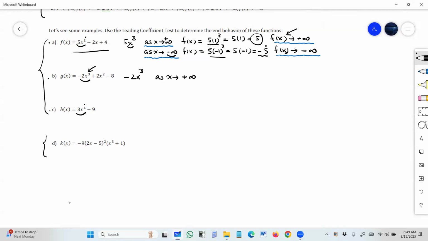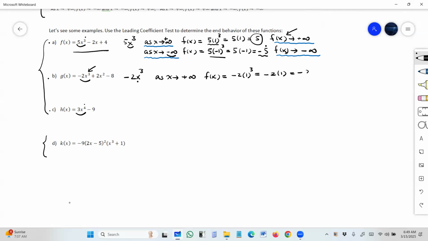So as x goes to positive infinity, I need to evaluate what f of x is. And to do that, on the positive side, I just replace x with positive 1. And then I evaluate this expression. So 1 to the third power again is just 1.